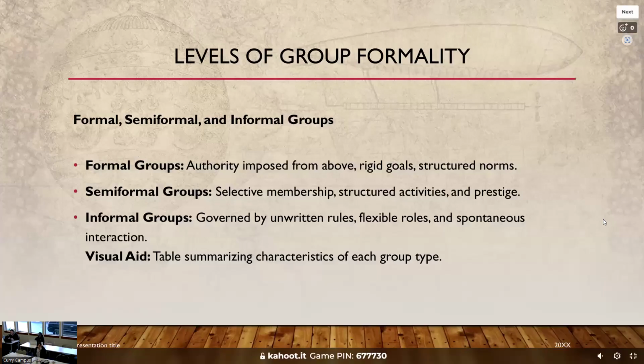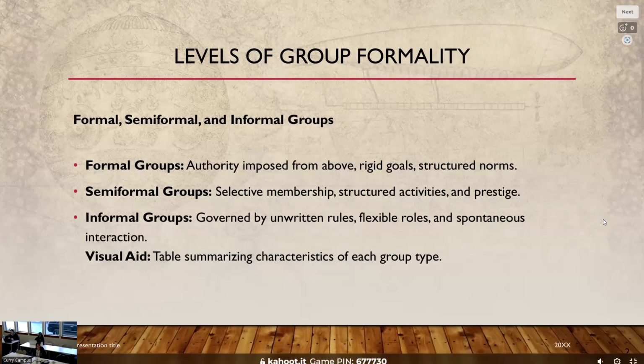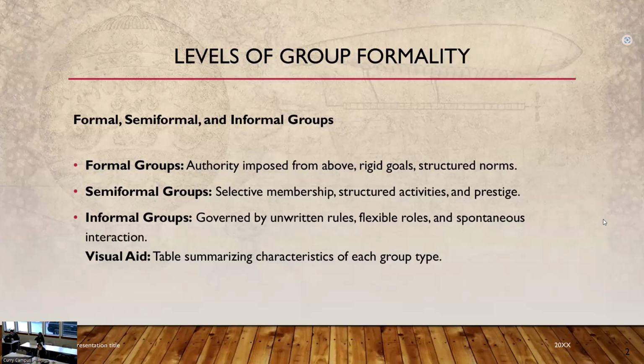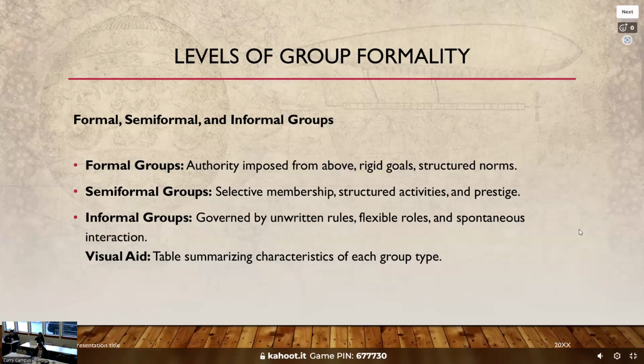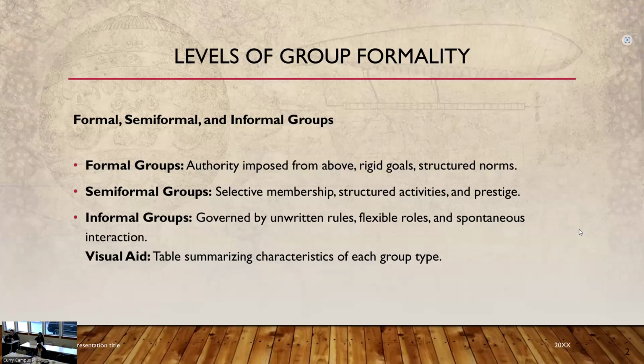All right, so levels of group formality. So we have a formal group, semi-formal, informal groups, and visual aids. Actually, that's part of informal groups. Formal group has authority imposed from above, so you'll want to remember this.